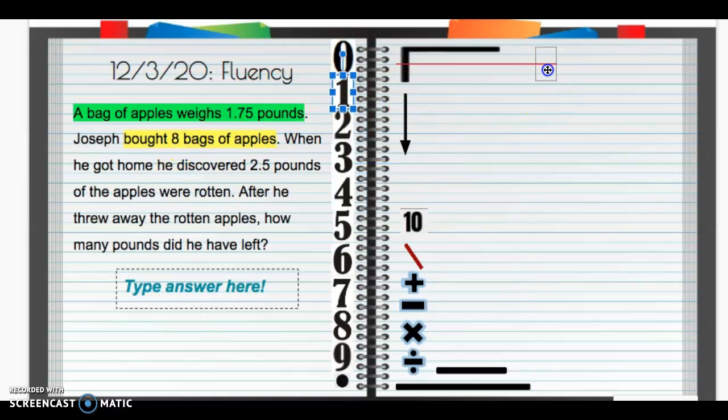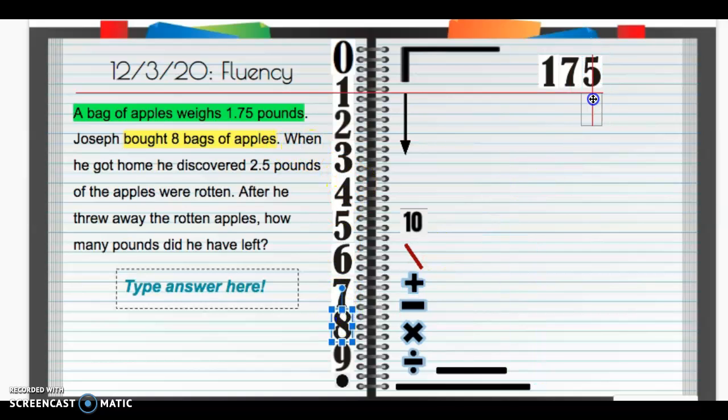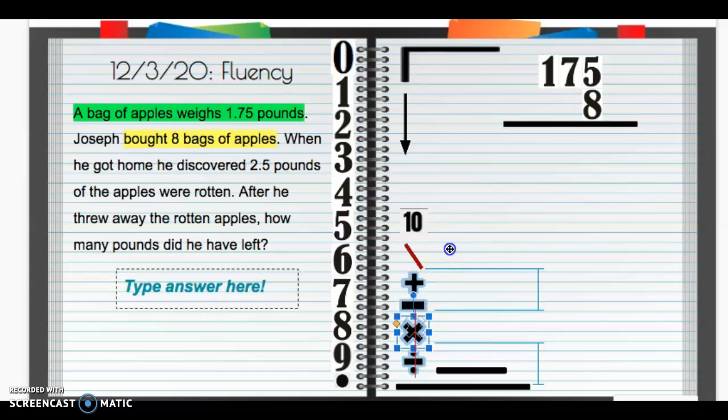So we need to multiply, and when we multiply, our first step is to take out our decimal points. So we're doing 175 times 8. And then we're multiplying. So 8 times 5 is 40.